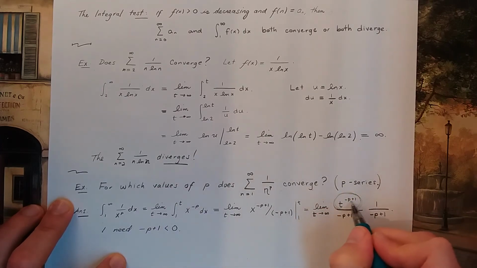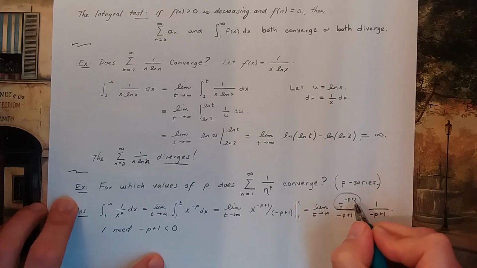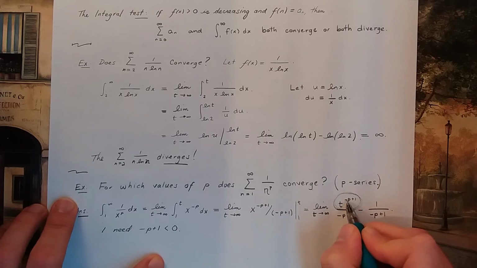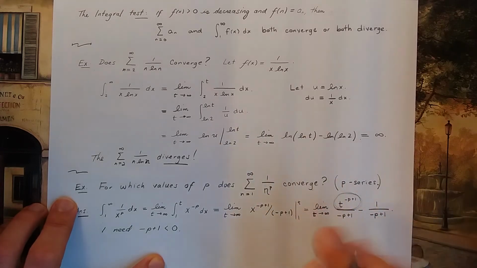If the exponent here is positive, like for example, if p was negative 3, the exponent would be t to the 4th power. That would have limit infinity. I don't want that. I actually need the exponent to be negative so that I'm really getting smaller and smaller terms. So I need negative p plus 1 to be negative in order to get this term to have limit 0.